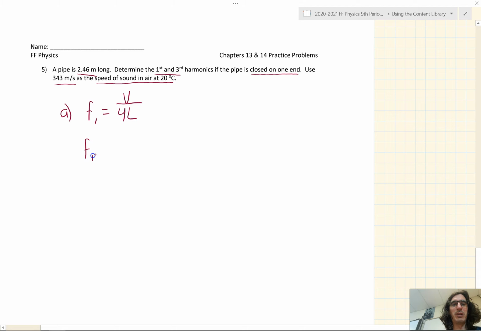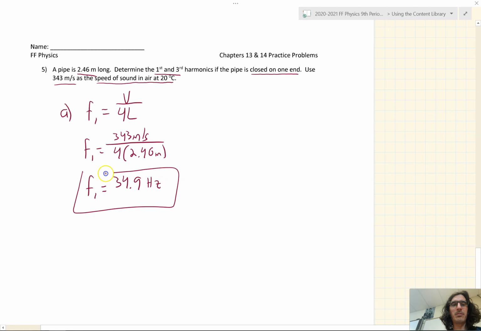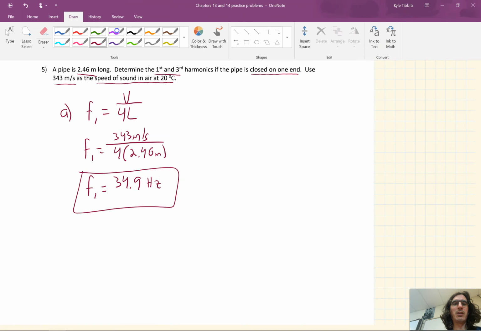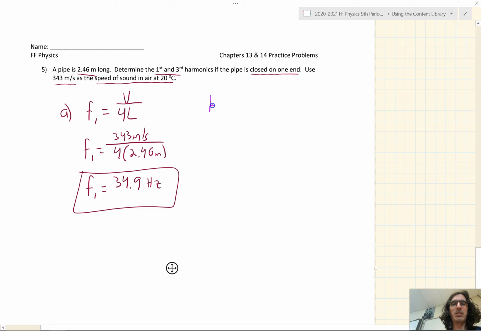So all we have to do is plug and chug. F1 equals 343 meters per second, all over 4 times 2.46 meters. F sub 1 equals 34.9 hertz. Second part, same thing, except now we're going to solve for the third harmonic.